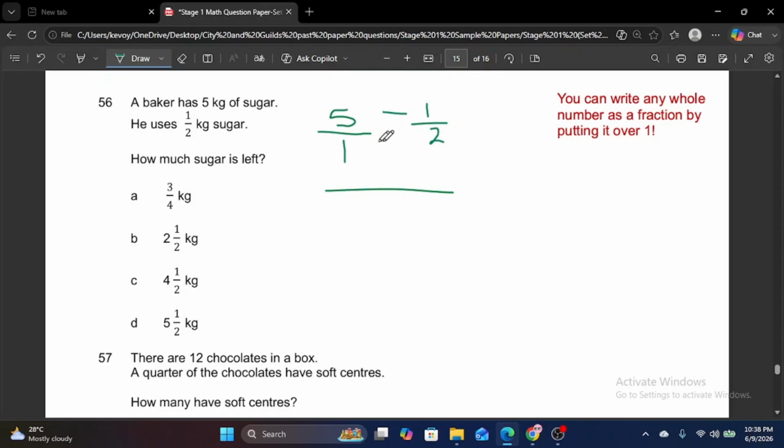So the lowest common denominator of these two numbers is going to be 2. Right?